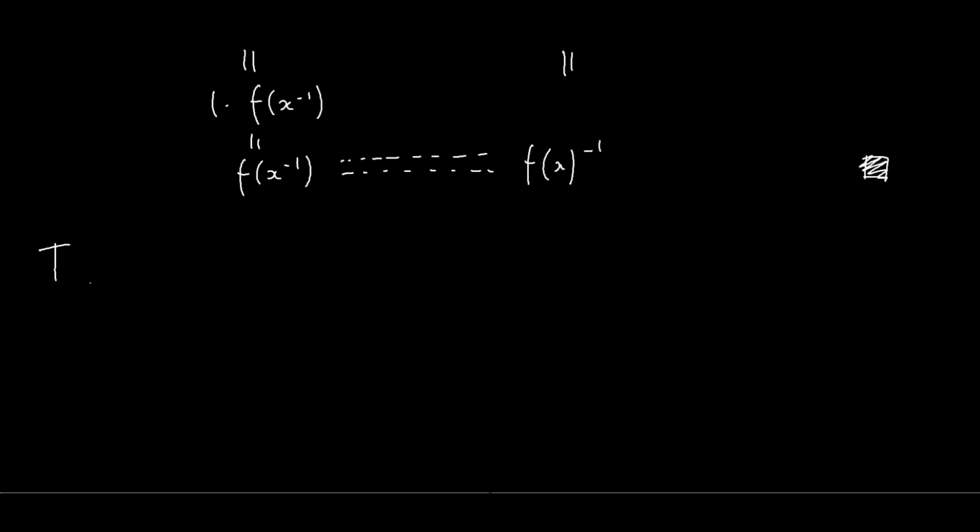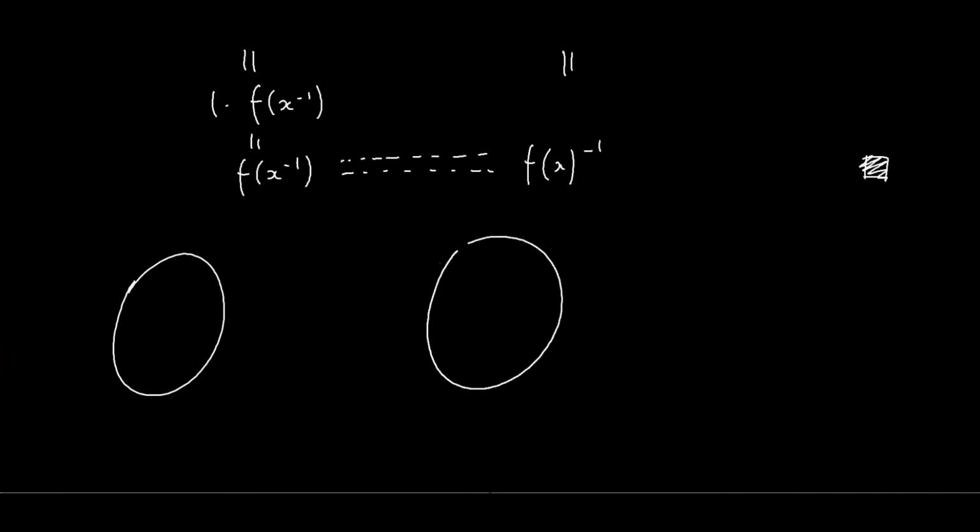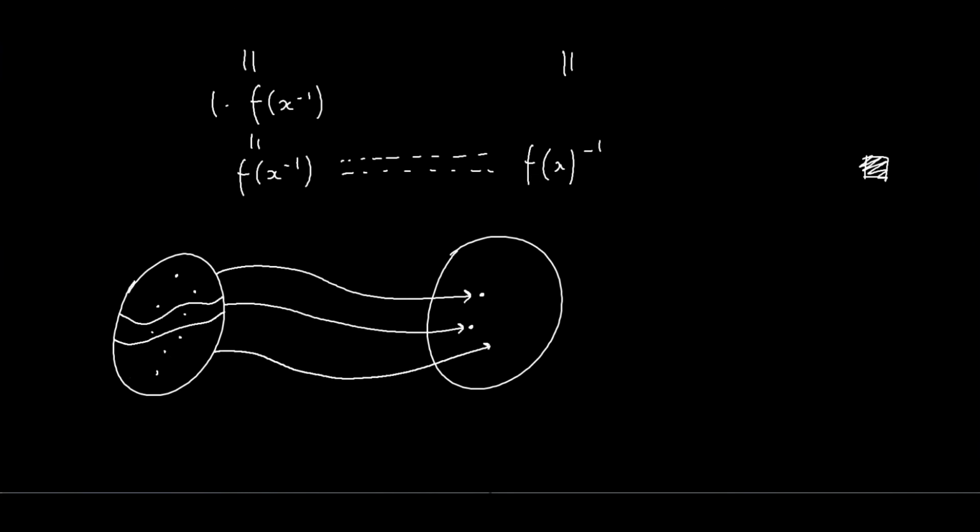So what do I mean by this? Let me first make a little introduction. So in general, if I have a function between two sets, all sorts of things can happen. So let's say I decide to map these elements to some element there, then I decide to map these two to some element there, and maybe the remaining three I map there, and then there are some leftovers, right?